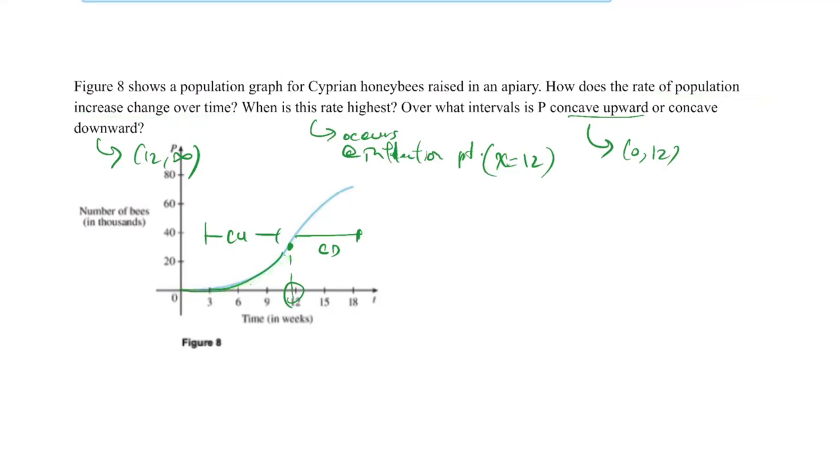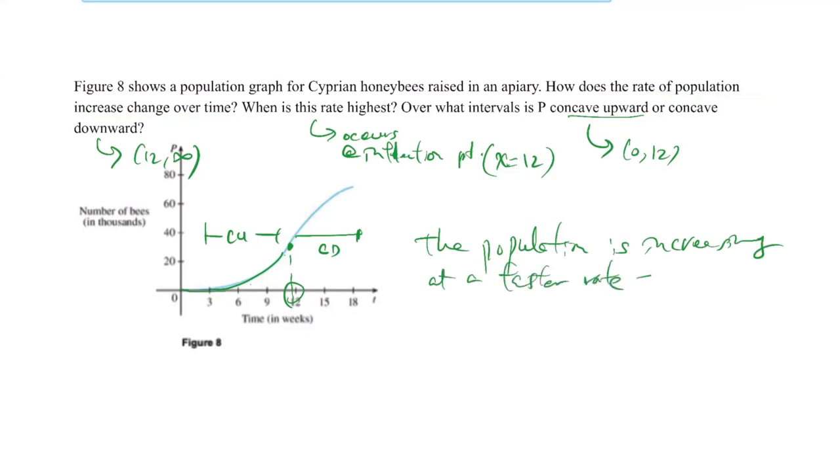So the way I would describe it is that the population is increasing at a faster rate, because that's basically what concave up is, right? From t equal to 0 till t is equal to 12.